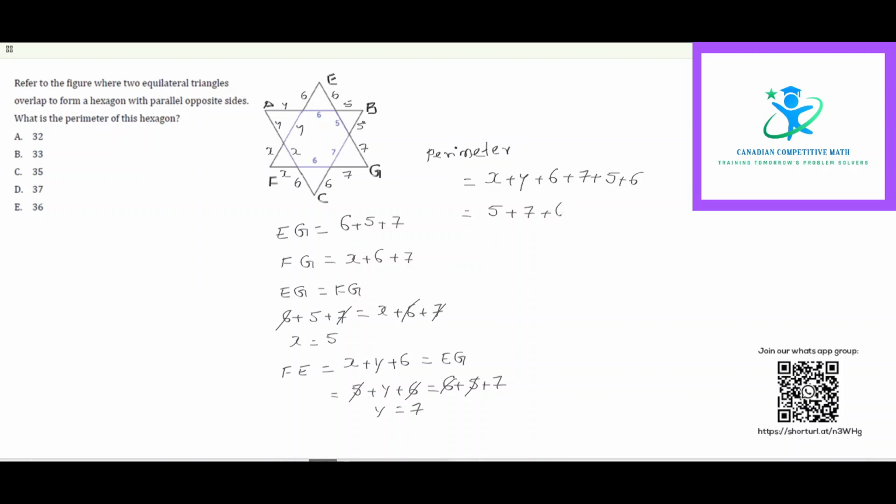So 5 plus 7 plus 6 plus 7 plus 5 plus 6, that will be 10 plus 14 plus 12, which equals 36. Answer is E.